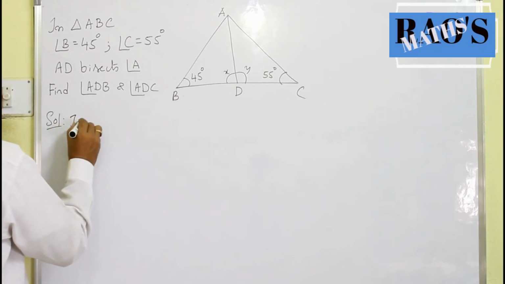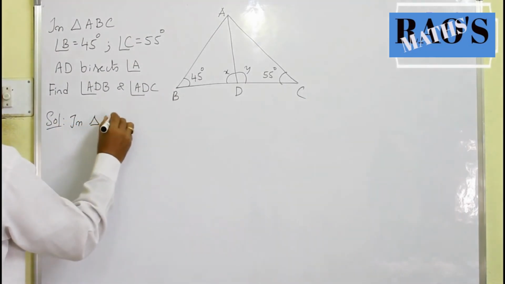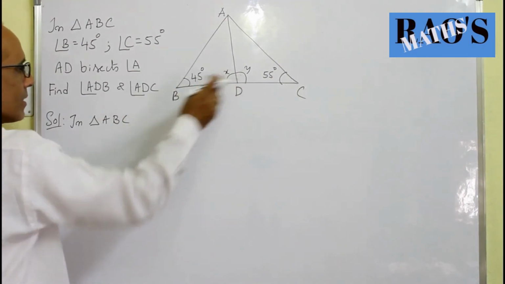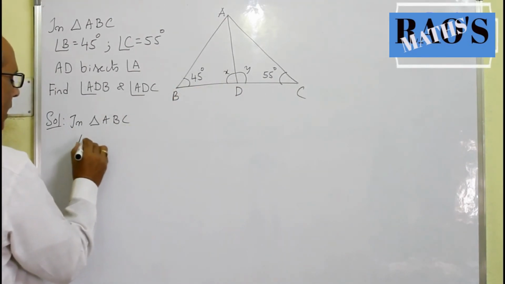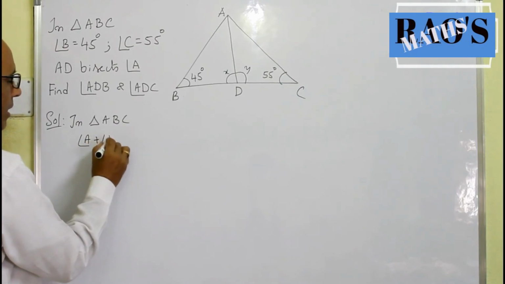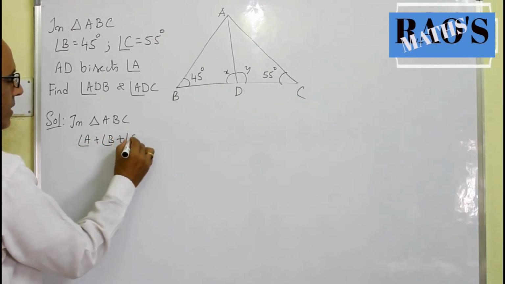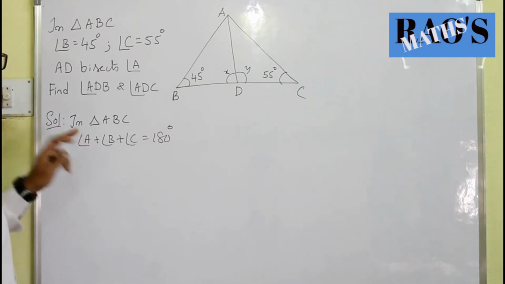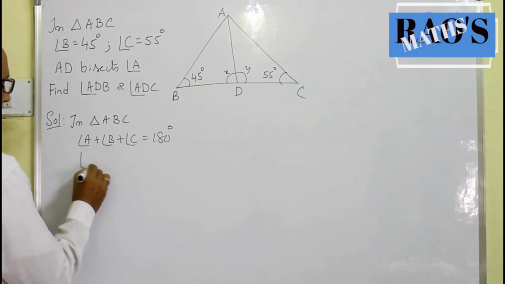In triangle ABC, we have angle A plus angle B plus angle C is equal to 180 degrees by the angle sum property. Angle A, unknown.